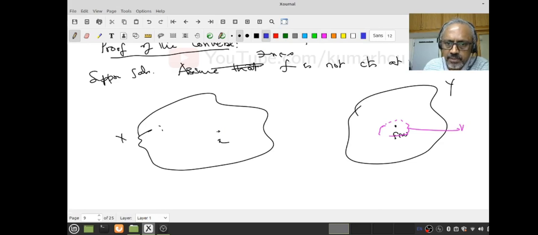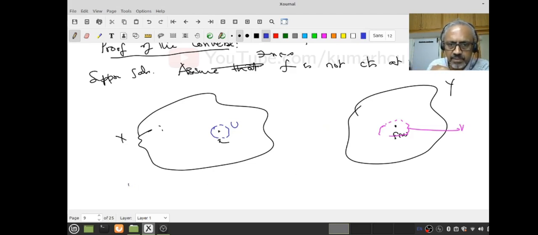You give me any open set U. If it's continuous at x, what should I show? You give me an open set, I should find an open neighborhood U of x so that f(U) is contained in V. That is false. What does that mean? Again, it's logic. That means give me any open neighborhood U of x, then f(U) is not contained in V, right?